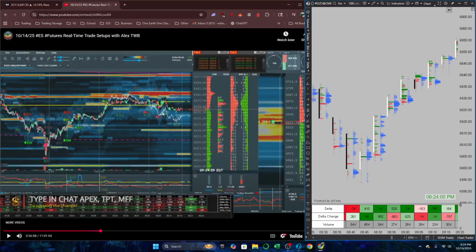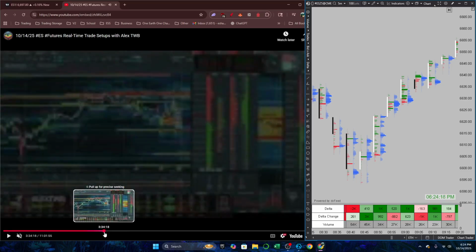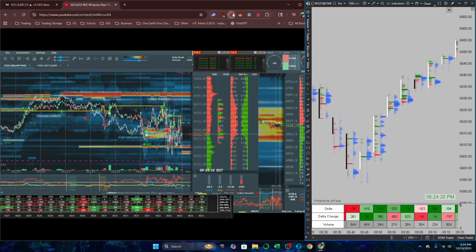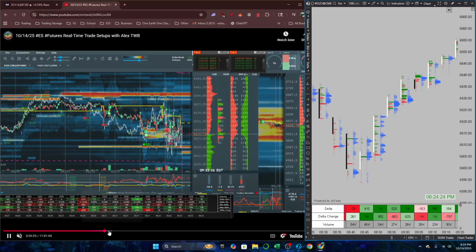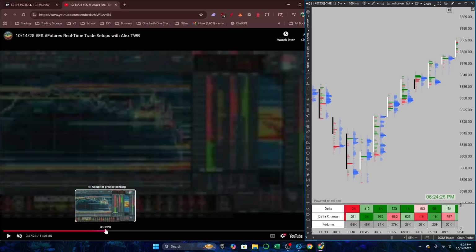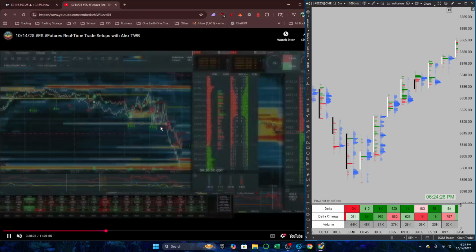And if you look on the Bookmap, we had multiple levels, right? We had this 6640 level and the 6625 level. I remember doing this in the morning video. If you guys have seen that, I did mark these out live. But as you'll see, we start breaking through the lows right upon market open, and aggressively start to head down.